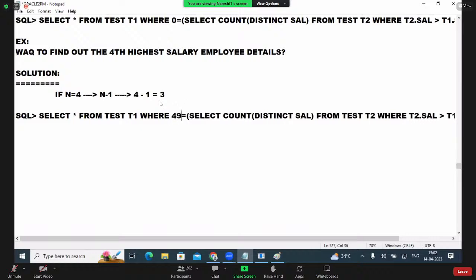That's it. 72nd position, 71. 104, 103. 270, 269. 1024, 1023. Simple, only one subquery. You can find any nth highest salary, 1,000, 2,000, lakhs of highest salaries also you can find out. Understand now? So this is what we call correlated highest.